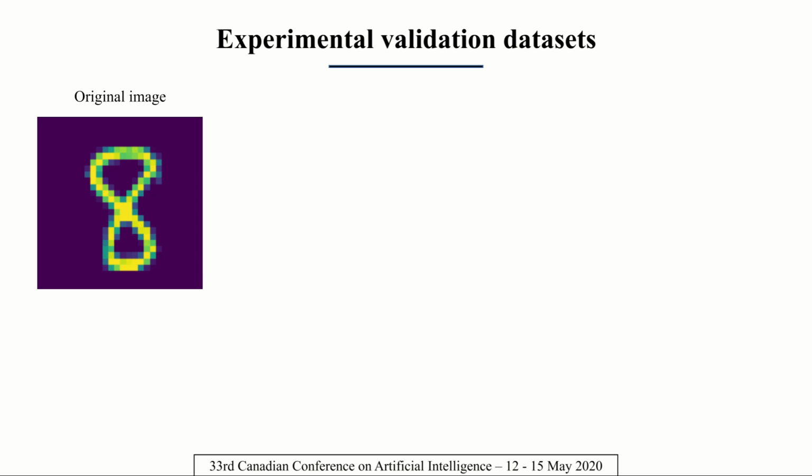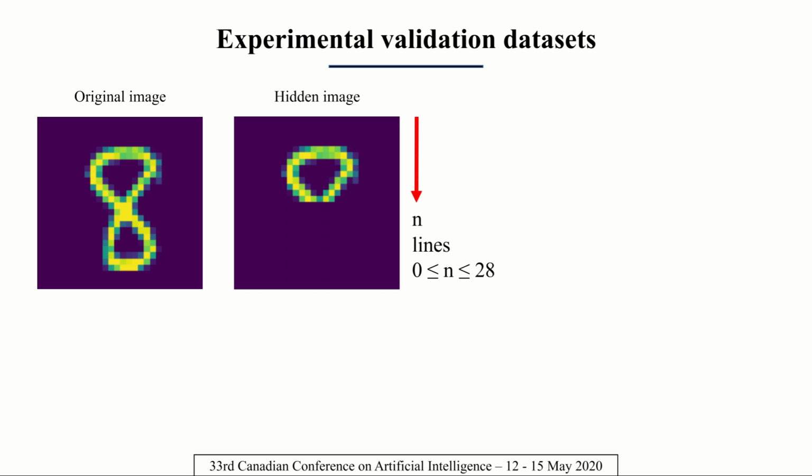While the networks were trained on the original training data sets, the accuracy was actually measured on three different modifications of the validation data sets. The first being the hidden images, where we showed the first n lines of the images with n ranging from 0 to 28, and the rest of the lines are made blank.